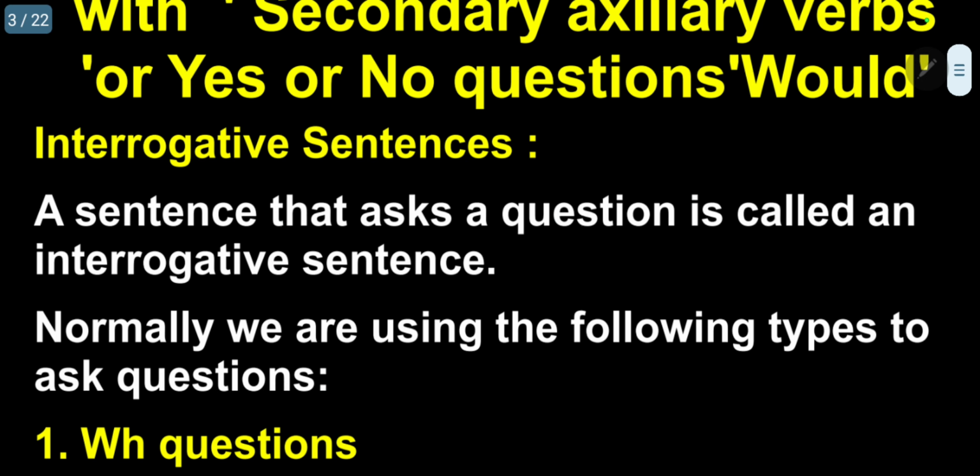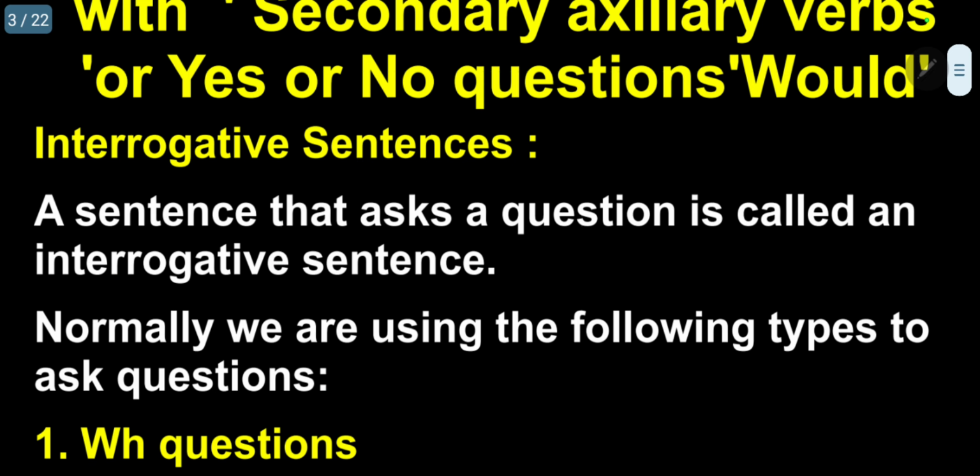One is WH questions. Number two, yes or no questions. Number three, tag questions. And these questions, normally we call interrogative sentences, in terms of sentence.